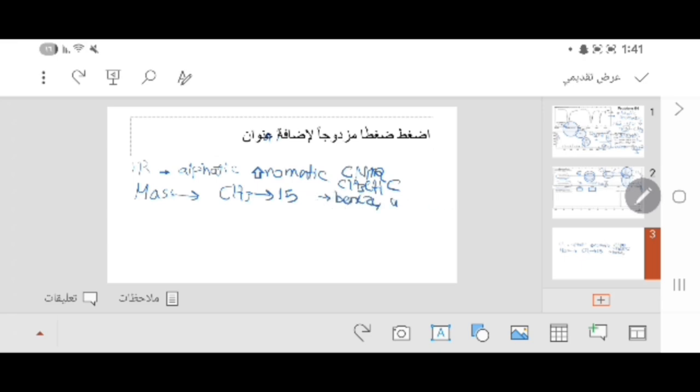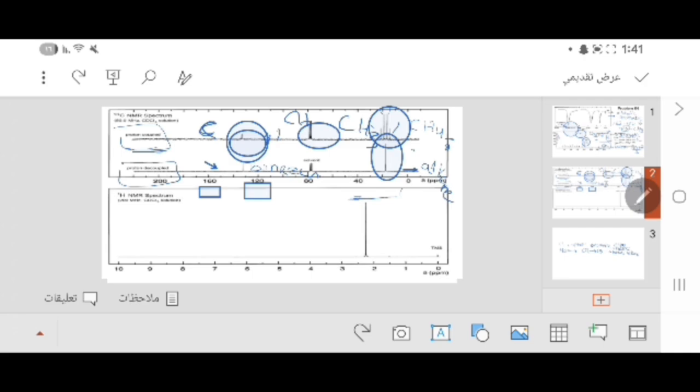Sorry for the handwriting, I know, but it's kind of hard for me to explain it in a PowerPoint thingy. But whatever, all the information is here. So from the hydrogen here, this indicates to me that there are different kinds of hydrogen or protons in the NMR, the shielding and the de-shielding.